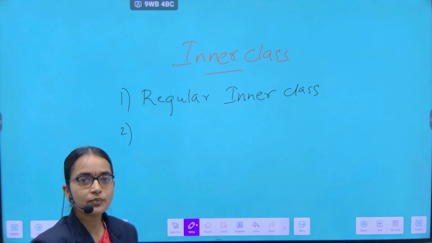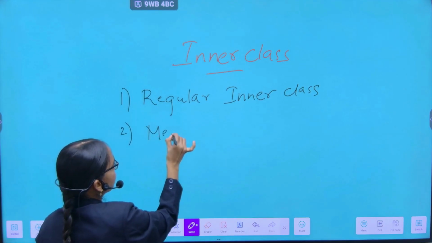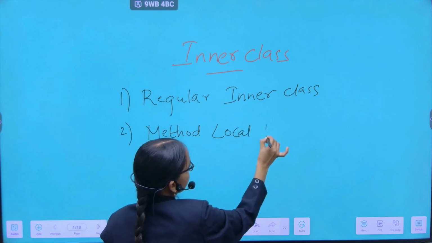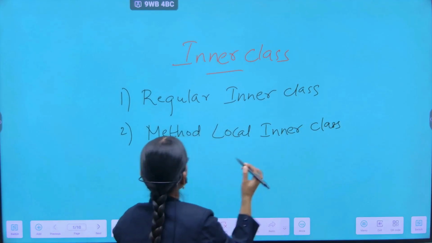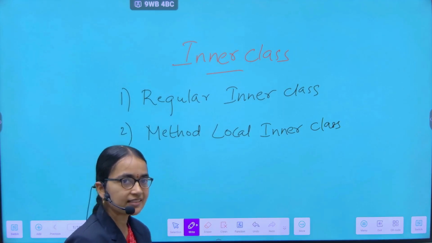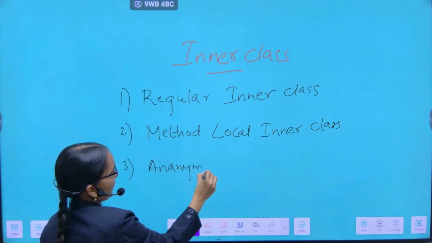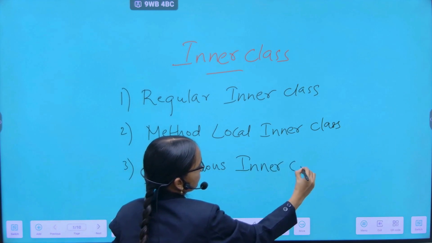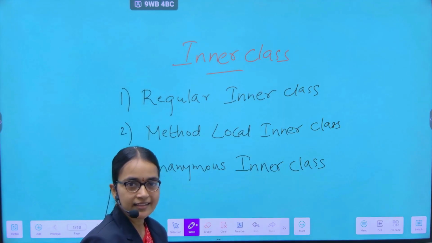The second method we call method local inner class. The third implementation is an anonymous inner class. And the fourth implementation is static inner class.